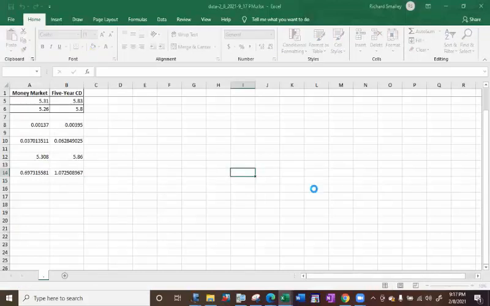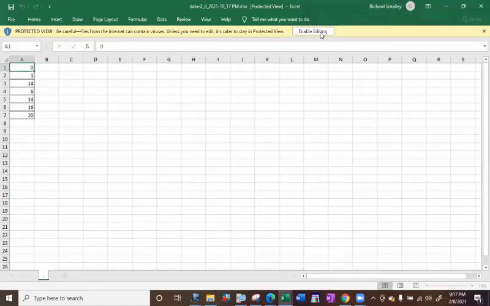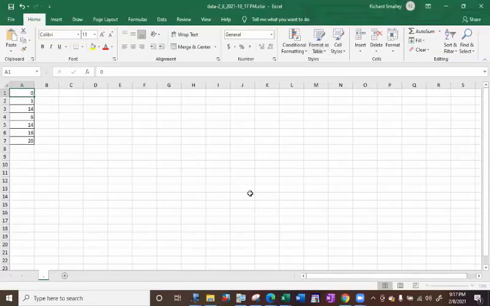All right. I still can't figure out why this Zoom thing is all grayed out down there. Oh, well.